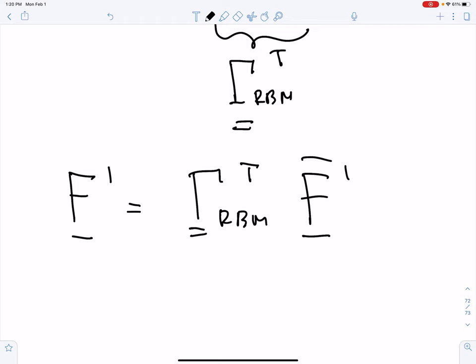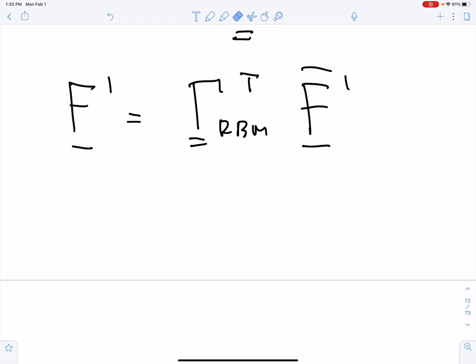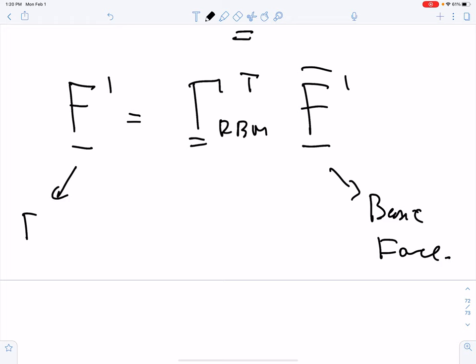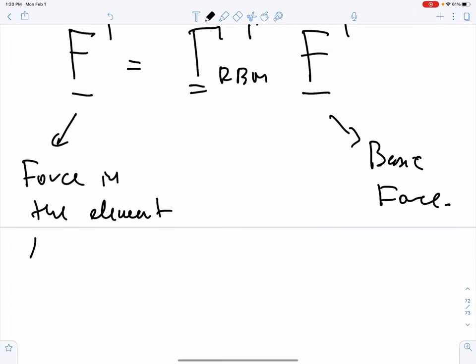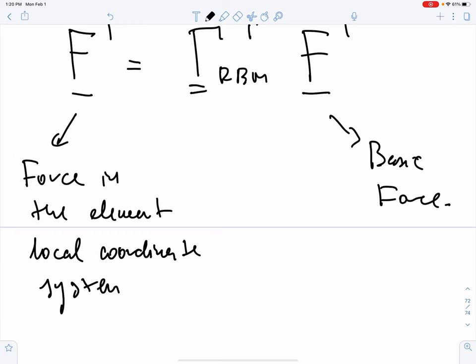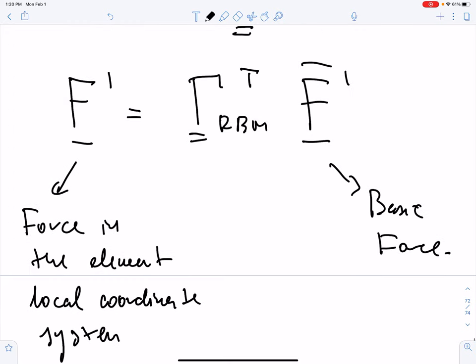So the basic force is related to the force in the element local coordinate system through the transformation given by gamma RBM transpose.